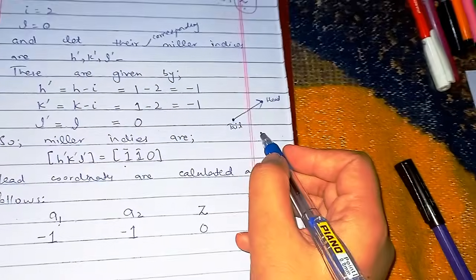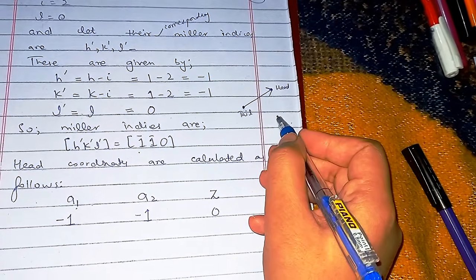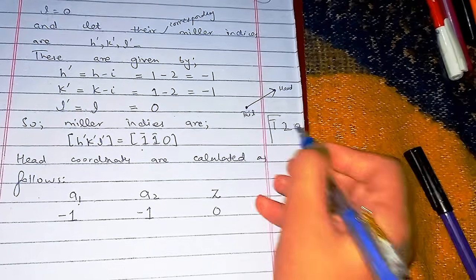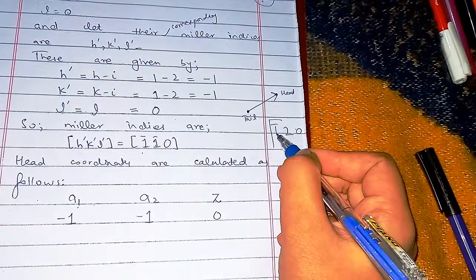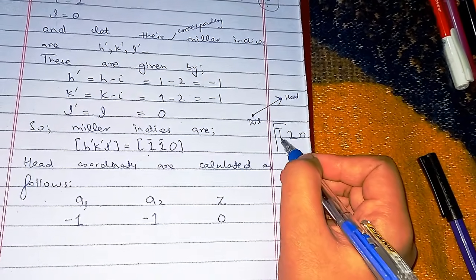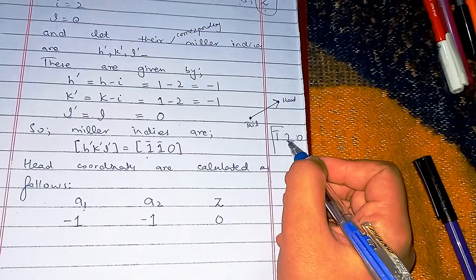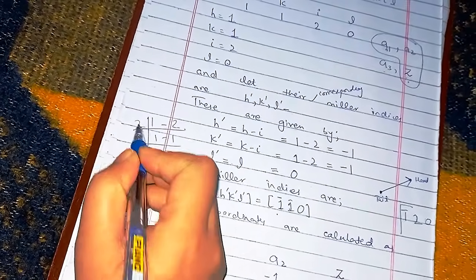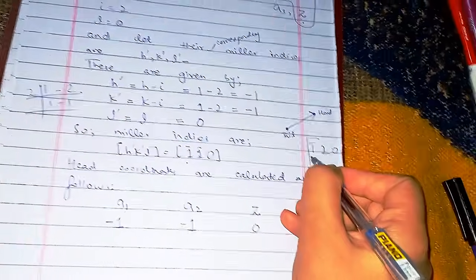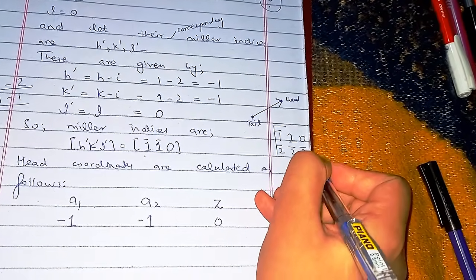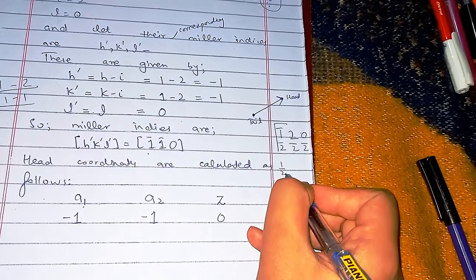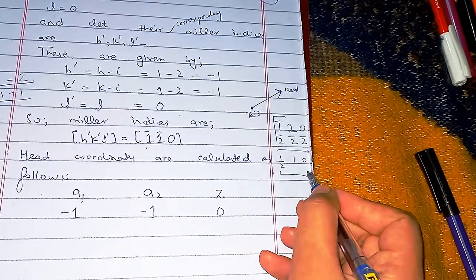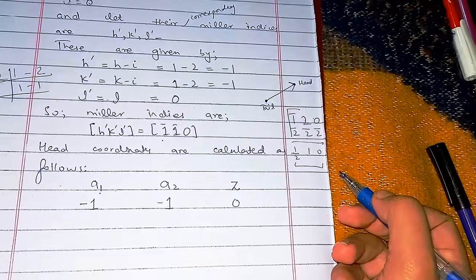If it would have been something else, for example, 1 bar 2 0, then the LCM of these indices, one index is 1 and the second is 2, so the LCM of 1 and 2 is 2. So we would have divided all of the indices by 2, and we would have got 1 by 2, -1 by 2, and 1 and 0. So these would have been the final coordinates for the head in the direction.